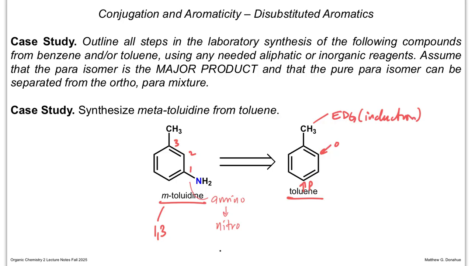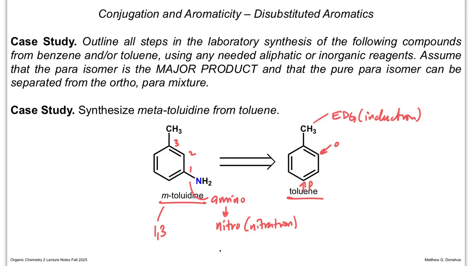That has to come from a nitro group through a reduction, and then I get that on through nitration. So for any substituent you see on the ring, put a little note of how it gets there. And then what we're concerned about is the strategy of sequencing the reactions to get the proper relationship.